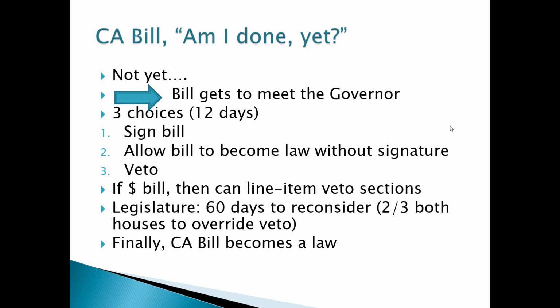The governor can allow the bill to become a law without signature. And you may be thinking, well, why on earth would the governor choose to do that? There may be some political reasoning behind that. It could be that this is a bill that passed the House and Senate, and the governor is of a different party than the majority in the House and Senate.